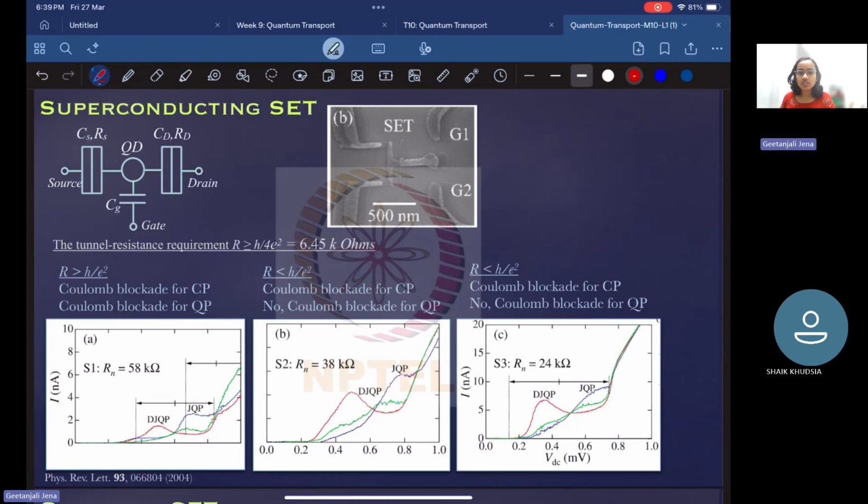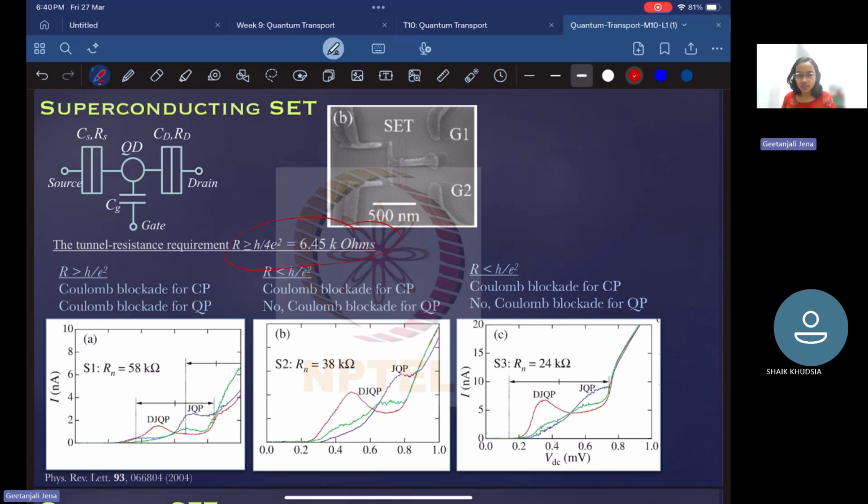So if you just look at the total resistance of this device, then you can tell whether the Cooper pair is taking part in the transport, or whether there is a signature of Cooper pair or quasi-particle Coulomb blockade oscillation in the IV characteristics or not. So this all depends on the tunnel resistance requirement. For Cooper pair, the resistance requirement is quite low, in the order of 6.45 kilo ohm.